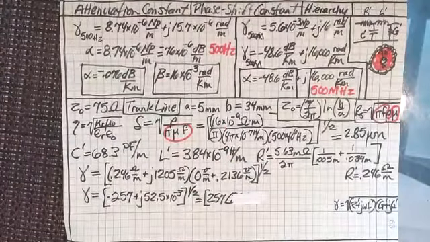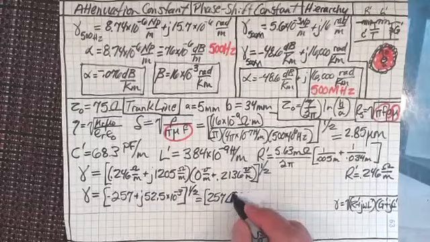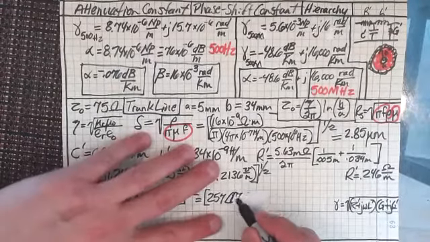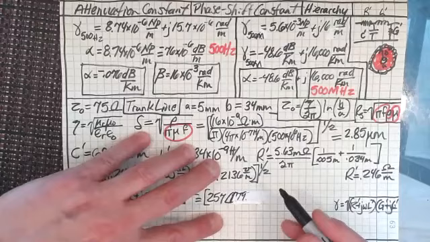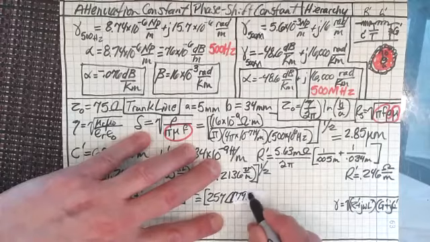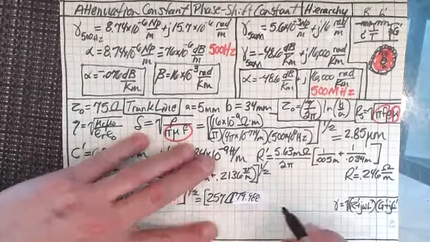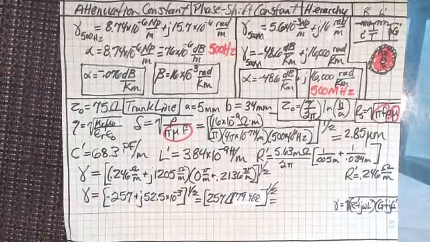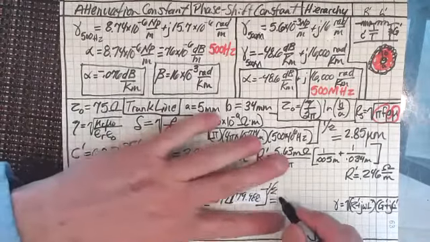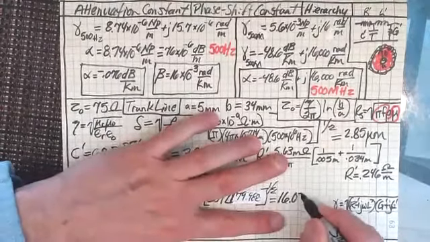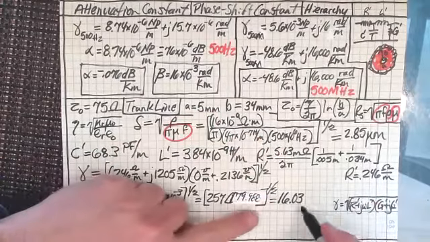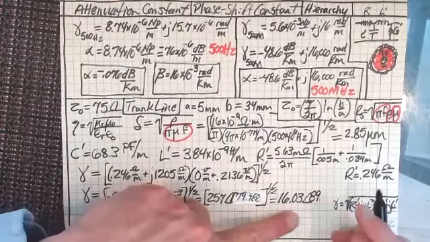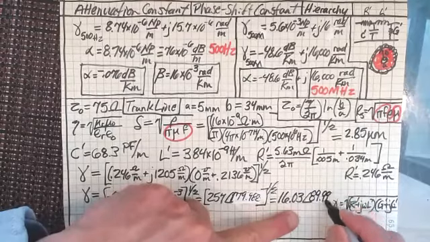All right, so it is 179.988. And that's going to be taken to the square root. And this is where the other one comes in. So this is 16.03 at an angle of 89.994.